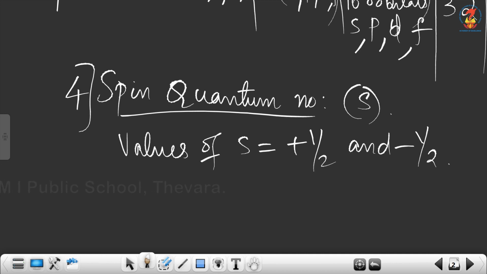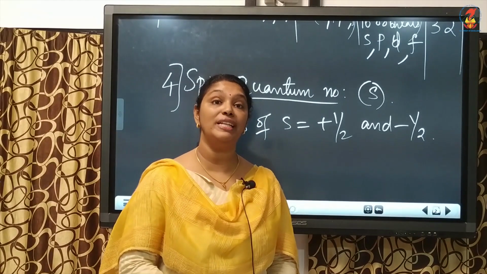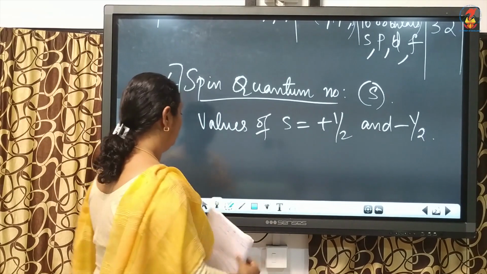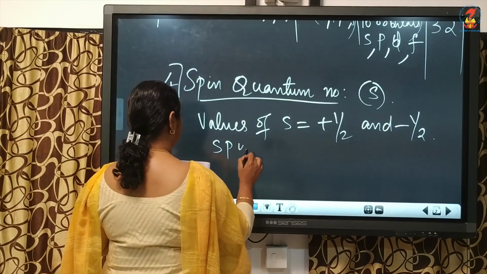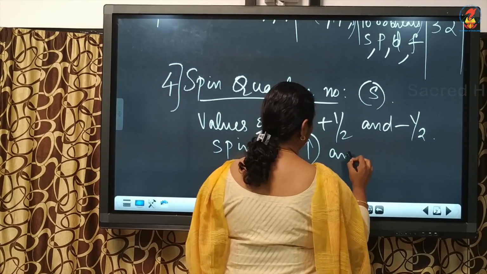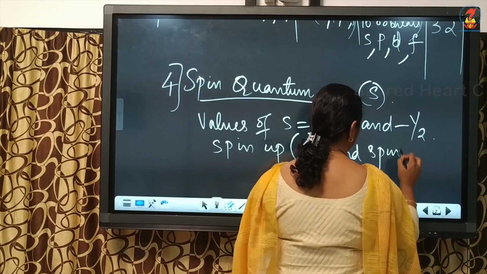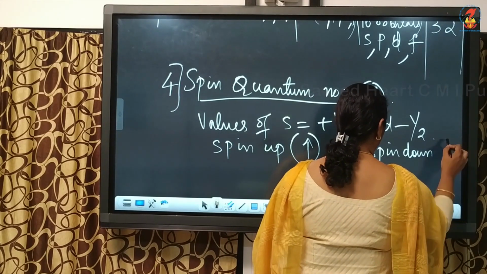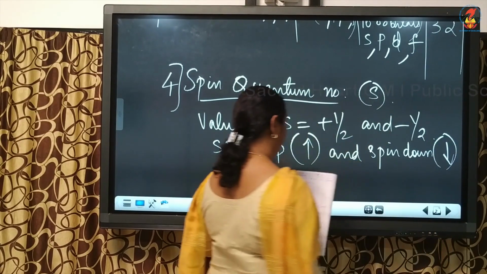minus half. So these are the two values of spin quantum numbers, and we can say that there are two spin states for an electron. They are spin up, denoted with an up arrow, and spin down with a down arrow.